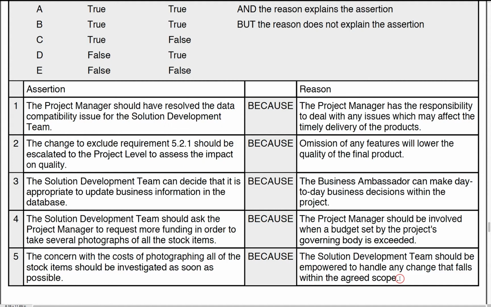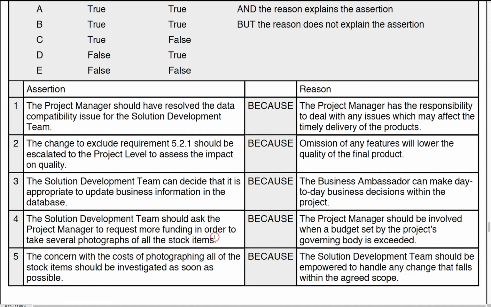Okay, so let's have a look at the answers from here onwards. If we note that for the first section we have false, false, true, false, true. For 1, the assertion is false and the reason true, so that would be D. For 2, they're both false, that's E. 3 is true, so we'll look at that in a moment.